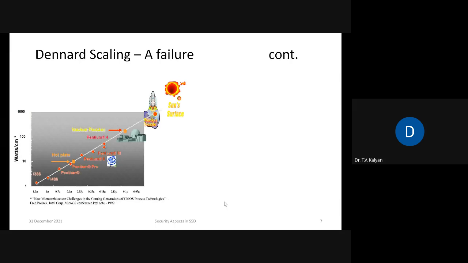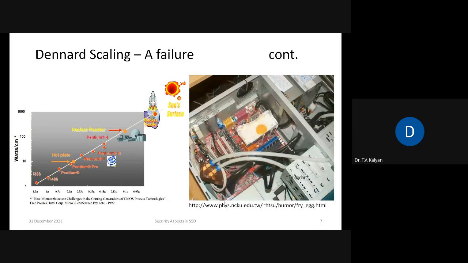At the time when the power wall concept was brought in, there were popular studies being done. On the right side, you can see that on the heat sink of the processor, somebody was making an omelette. There were similar enthusiasts who were baking noodles on top of the heat sink.